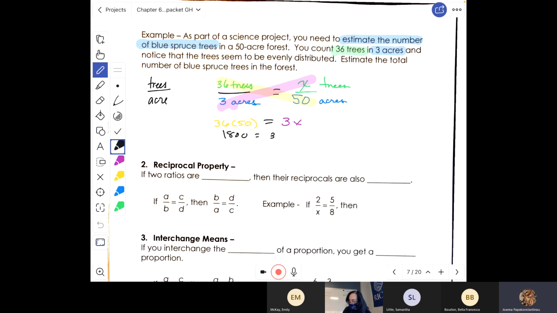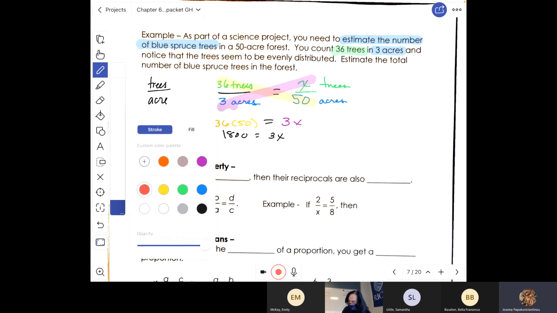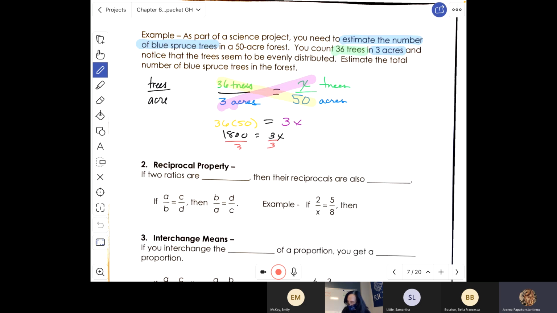Okay, and that's going to equal 3x. So my next step would be to divide each side by 3, and I get 600. X equals 600.